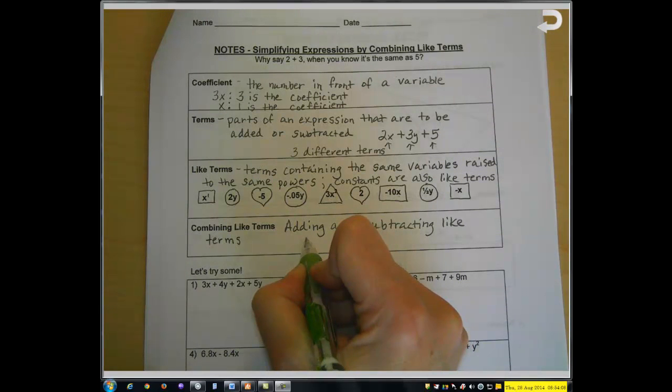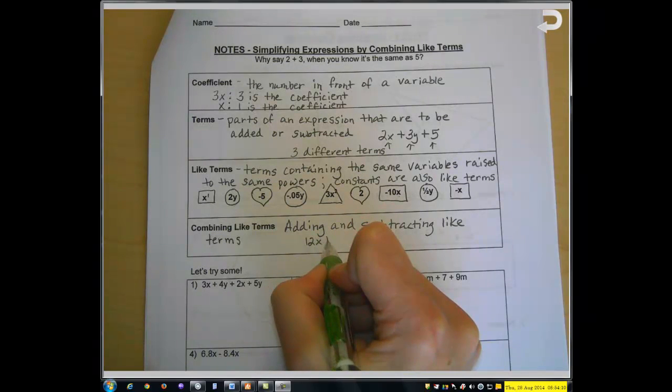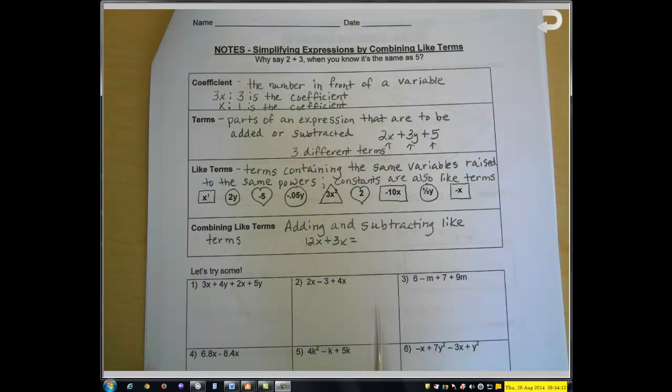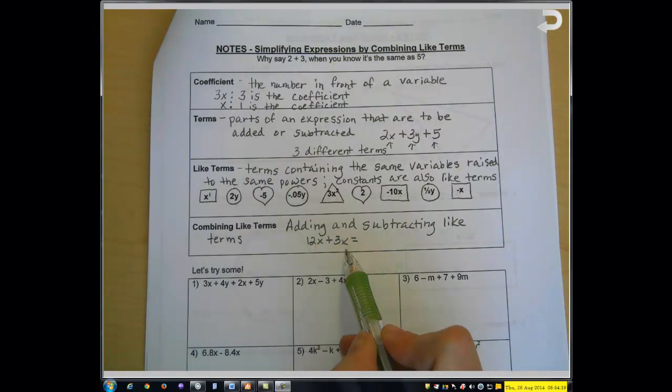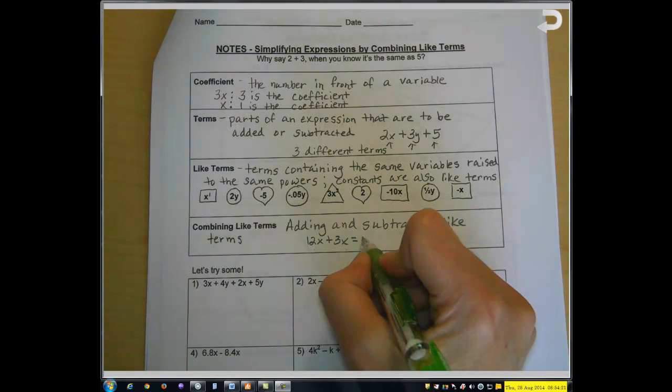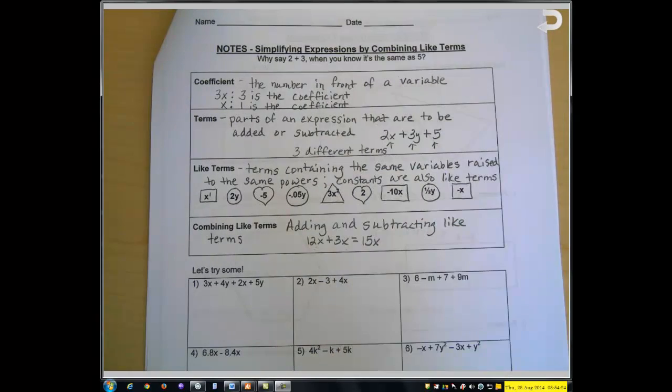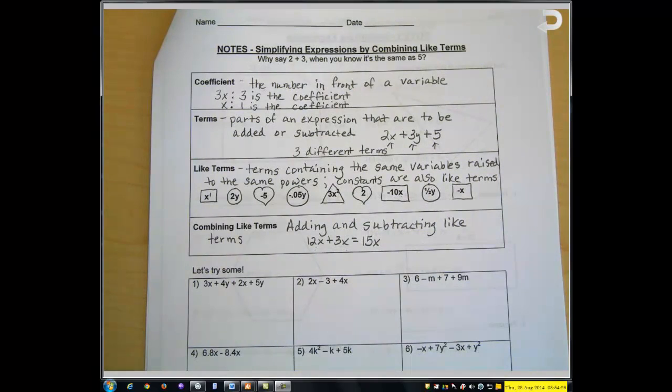For example, if we have 12x plus 3x, those are like terms. So we can add them together. 12x's plus 3x's would give us a total of 15x's. So 12x plus 3x is 15x.